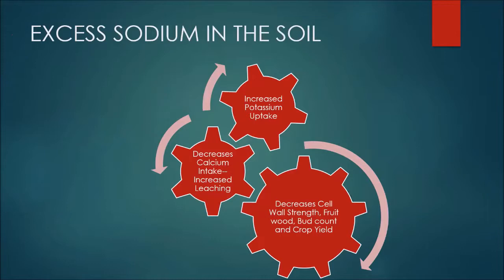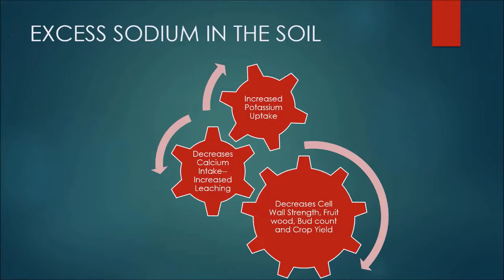The second major problem that we see in crops is excess sodium in the soil. So when you have excess sodium in the soil, the plant immediately tries to deal with soil salinity by increasing potassium uptake. And why is this important? Well, as many of you may know, potassium and calcium are directly antagonistic to one another.